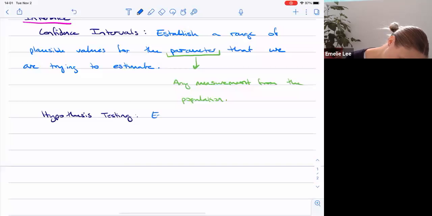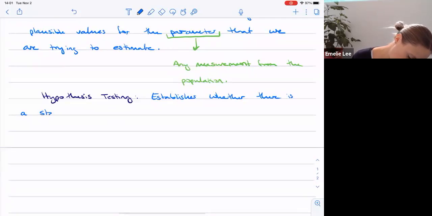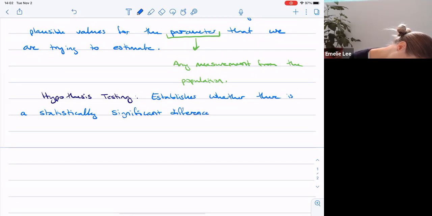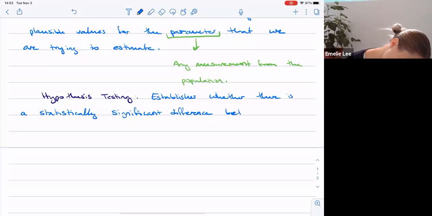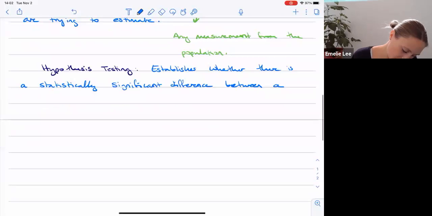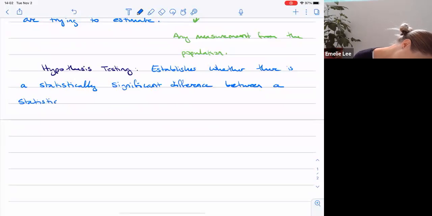So it establishes whether there is a statistically significant difference between the sample statistic, or just the statistic, because that is from the sample, and the hypothesized parameter.